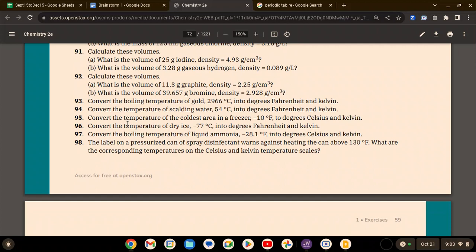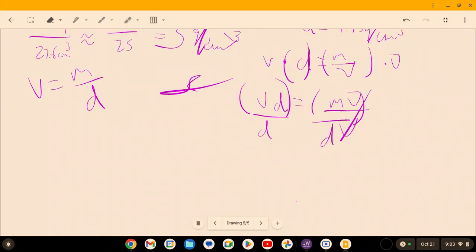Okay. Trying to remember, right. It's degrees Fahrenheit equals 9 over 5 degrees C plus 32. Let's see what we get out of that. I'm just going to see if I remember it.